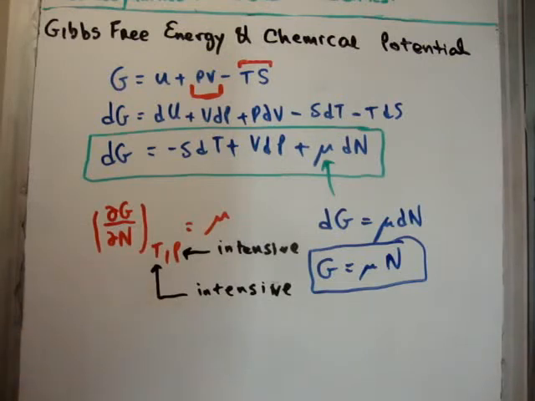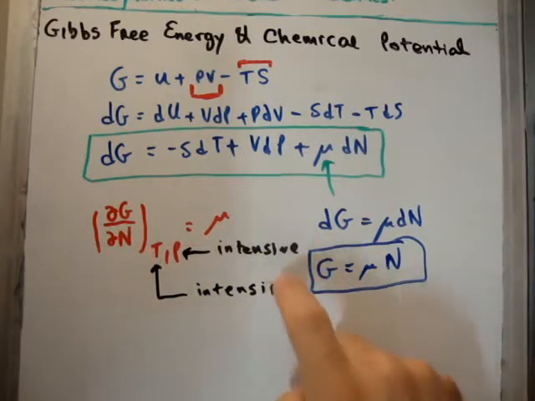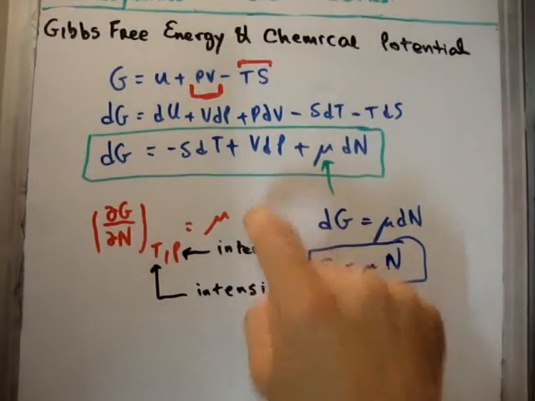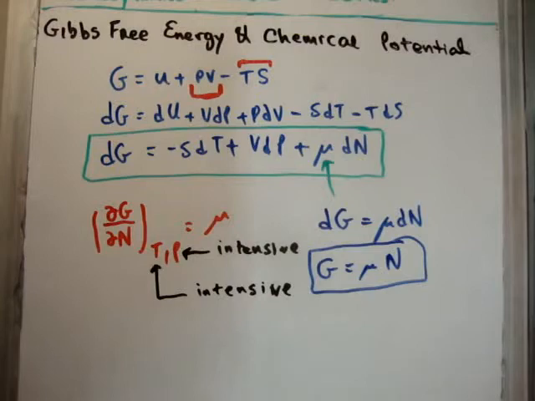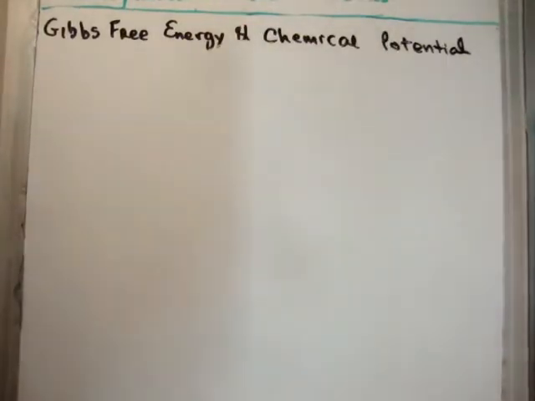That's why we say the chemical potential is the energy added to the system when you add a single particle. That's what I've been saying all along. Because these fixed variables are both intensive, as you increase the number of particles, the chemical potential remains unchanged, and that's very important.